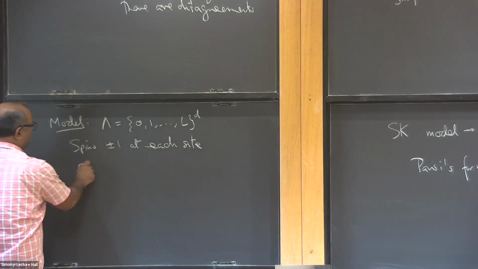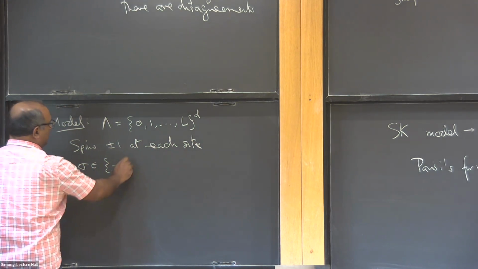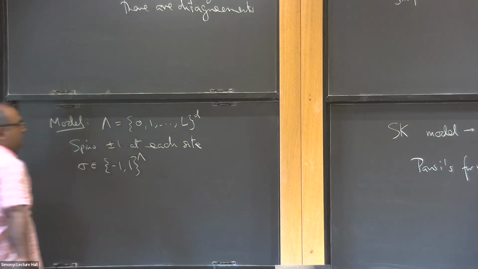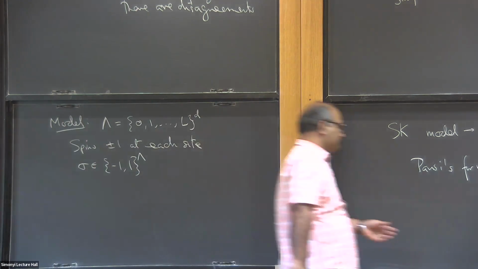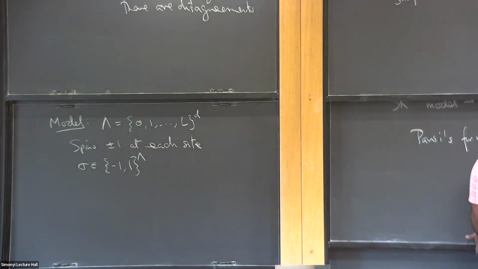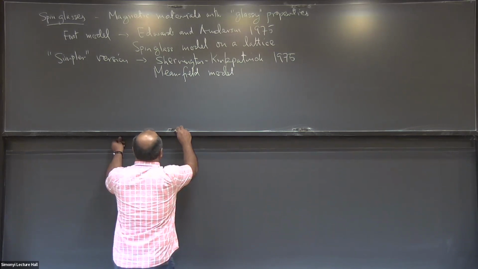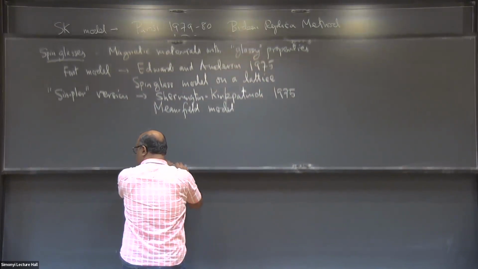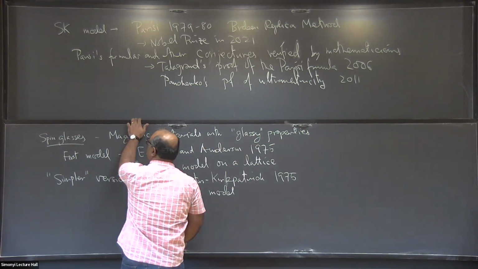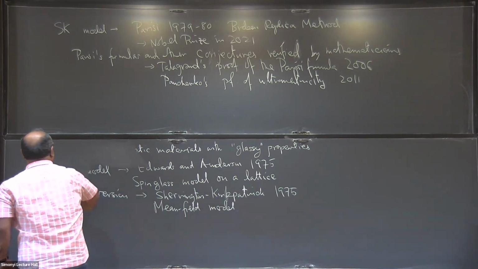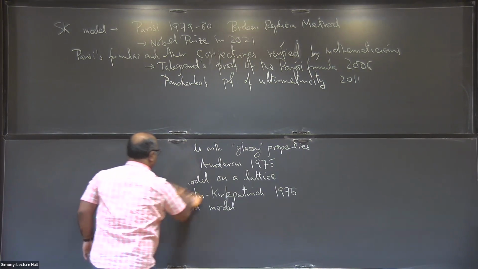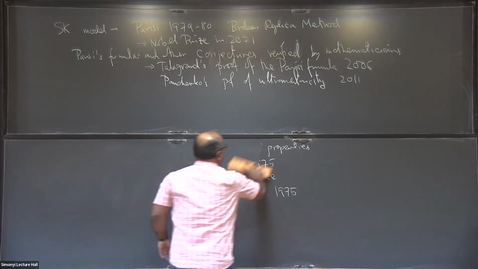So a configuration sigma of spins belongs to {-1, 1}^Lambda. On each site you have a spin.